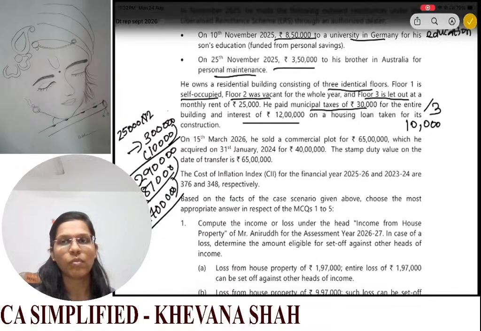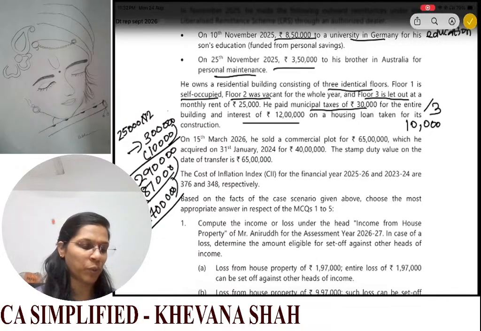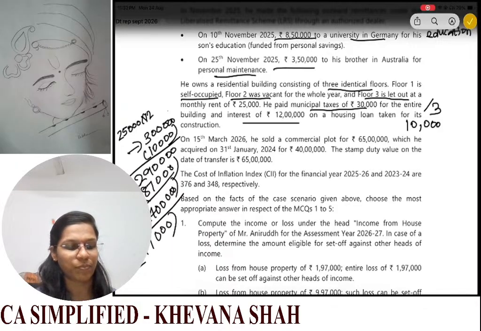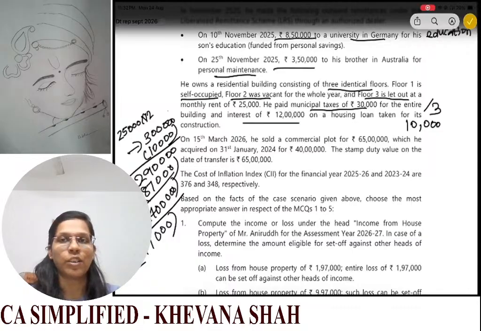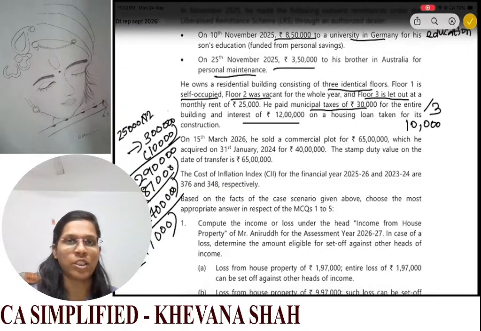So your income from house property, you will get a loss of 197,000. Now this 197,000, in your default regime, cannot be set off against income under any other heads. You need to just forget this, because this cannot be carried forward in your default tax regime.